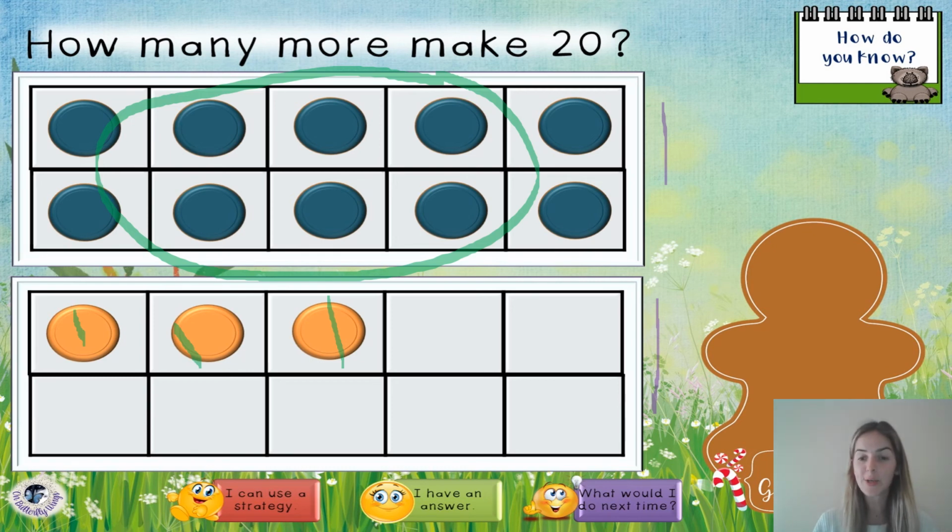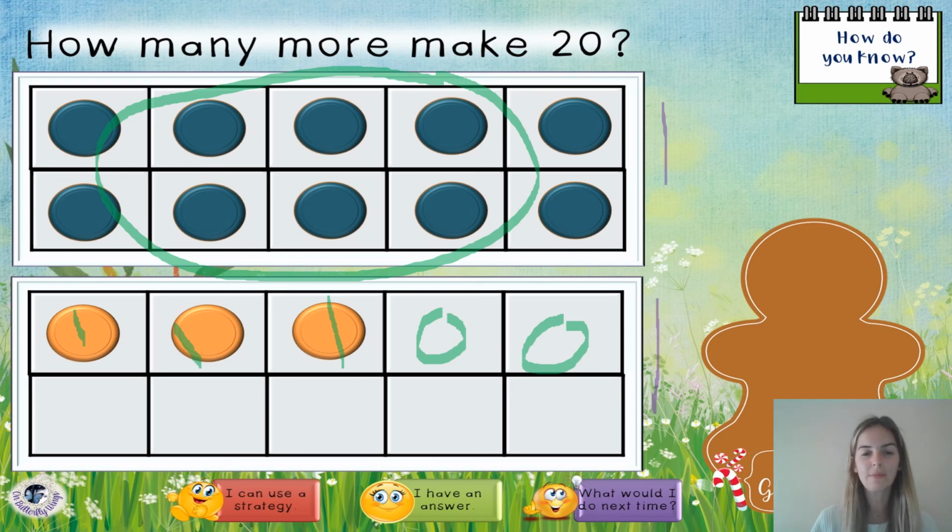Now let's count on to 20. Let's put 13 in our head and count on. 13, 14, 15, 16, 17, 18, 19 and 20. That was altogether 7. We counted on 7.